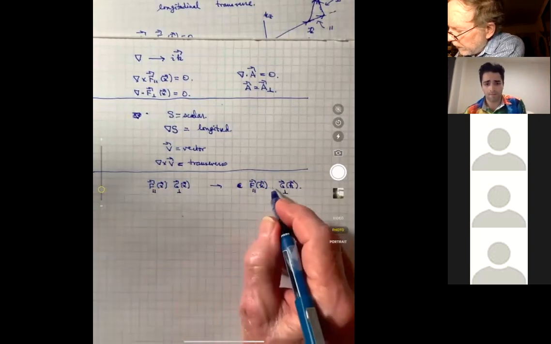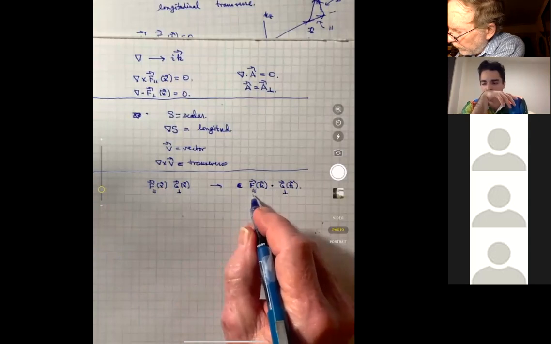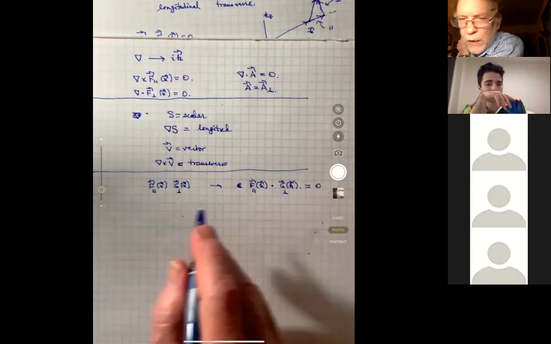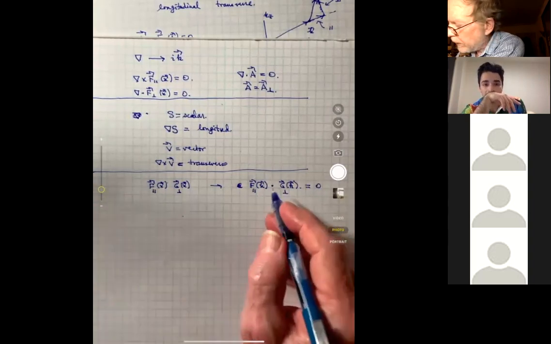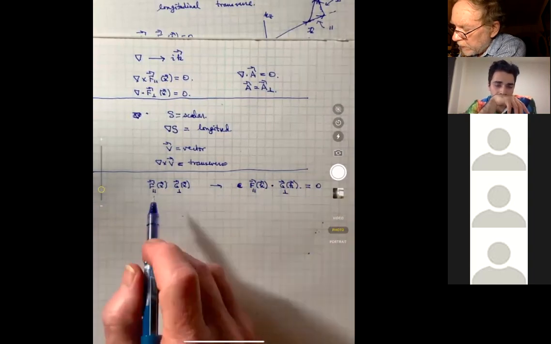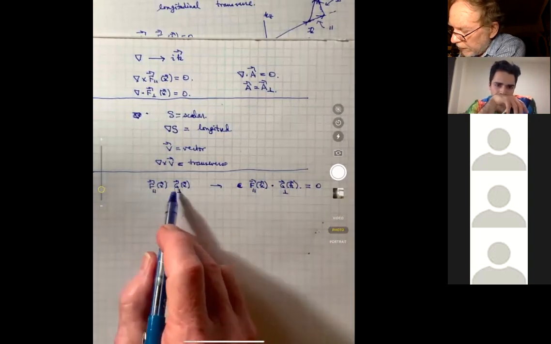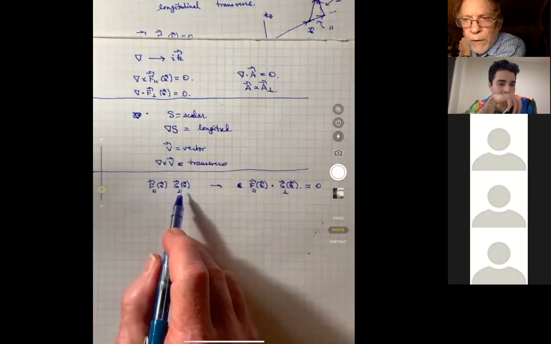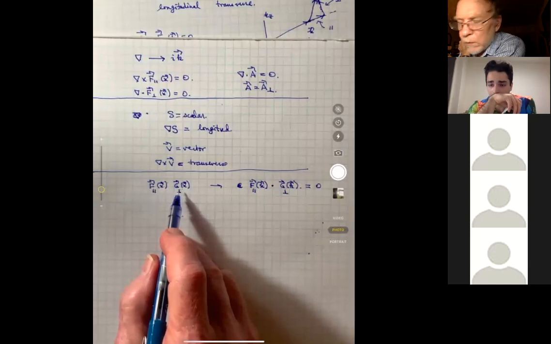If that's the case, then f longitudinal of k dotted into g transverse of k is equal to 0, because they're orthogonal to each other in k space. This is true at each point of k space. Does that mean that in x space, f longitudinal is orthogonal to g transverse at every point of x space? The answer is no, it's not true.